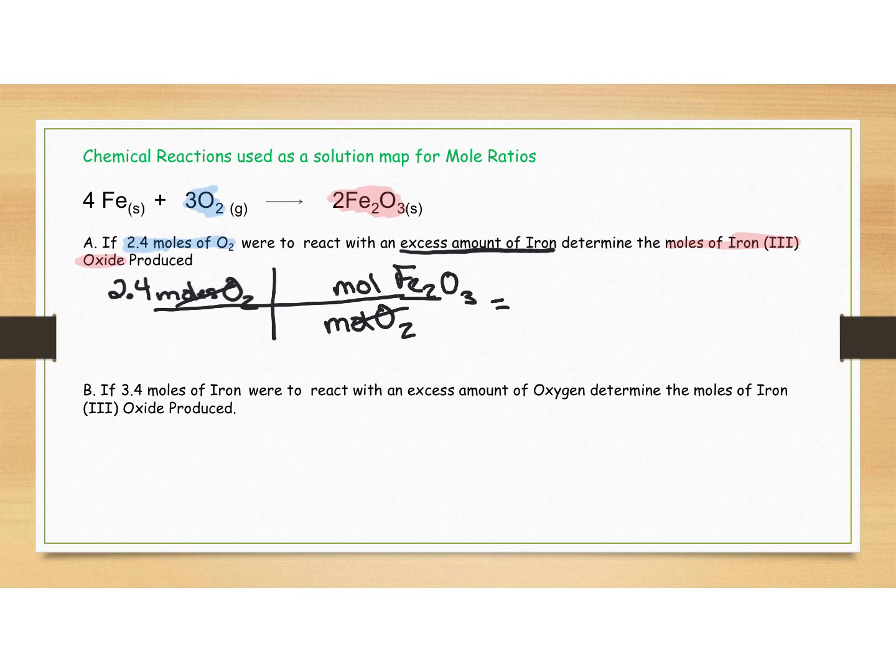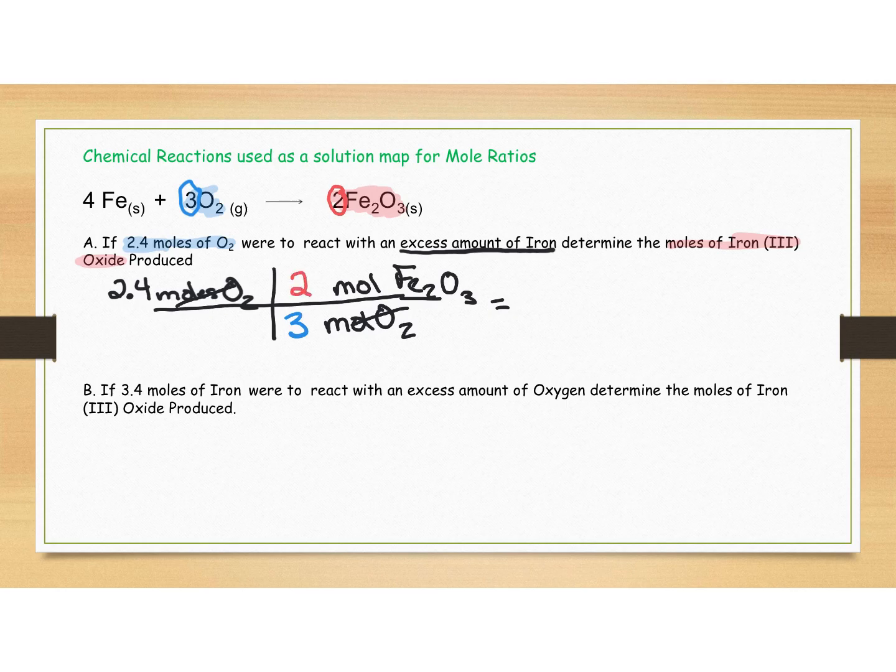Where do I get these numbers? Moles of O2, I get from the coefficient out in front of my O2, which is a 3. So there's 3 moles of O2 for every 2 moles of iron oxide. So where does the 2 go? The 2 goes at the top.